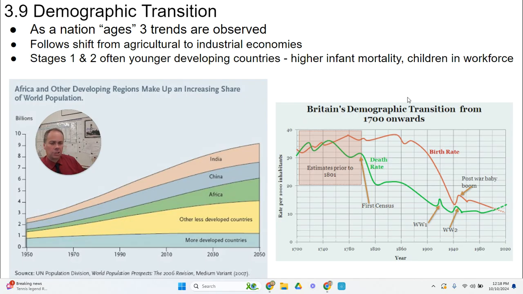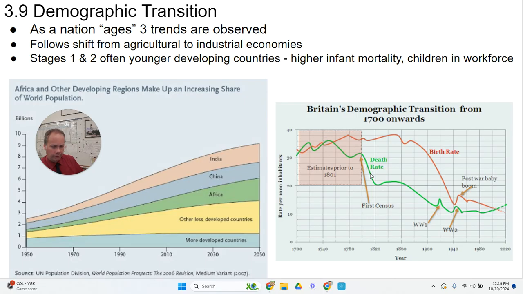Here's some actual data. This is in Britain from the 1700s on, and we can see some estimates, but then some actual data that show us this demographic transition and how it took place in Britain. Again, we see time on the x-axis. We can see stage 1 here in the late 1700s, where we have high birth and death rates.